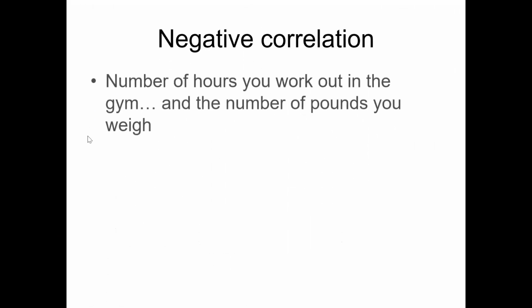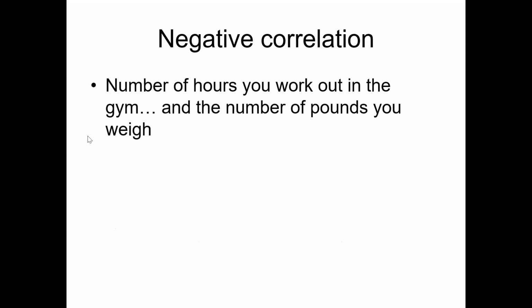Now, on the other hand, a negative correlation is, for example, the number of hours you work at the gym and the number of pounds that you weigh. This could be your weight, obviously from 0 to maybe 200, and over here could be the hours spent at the gym.